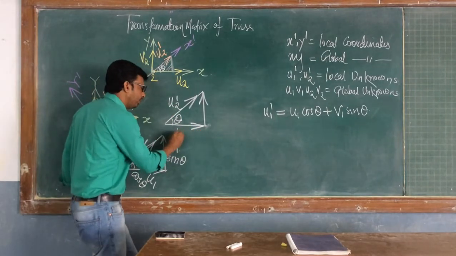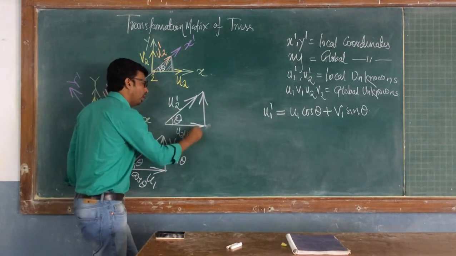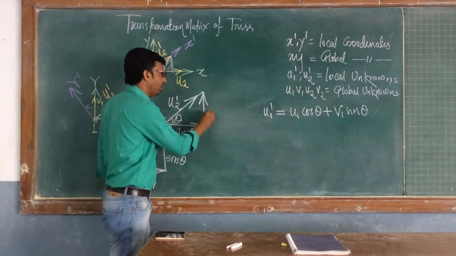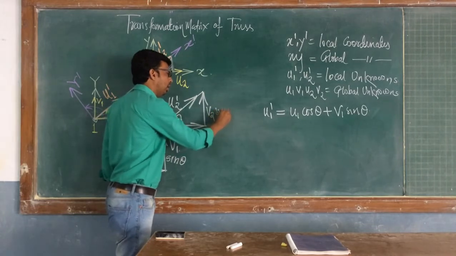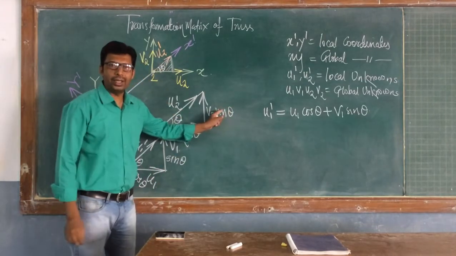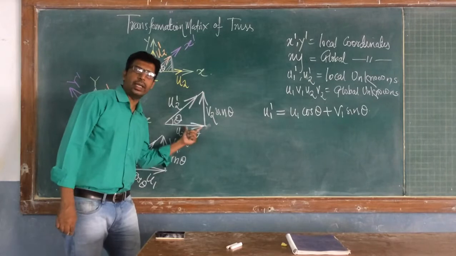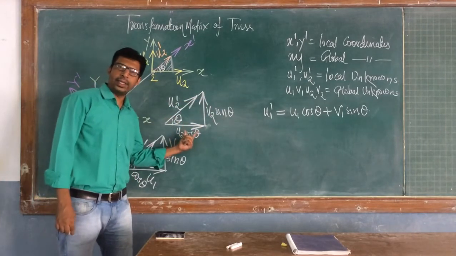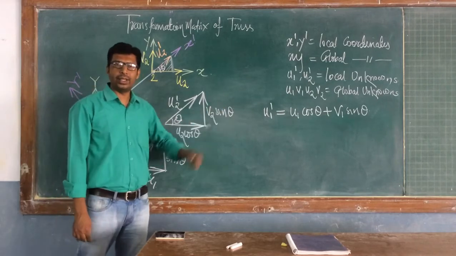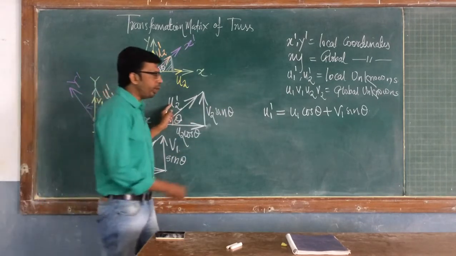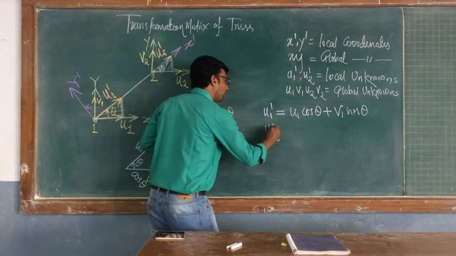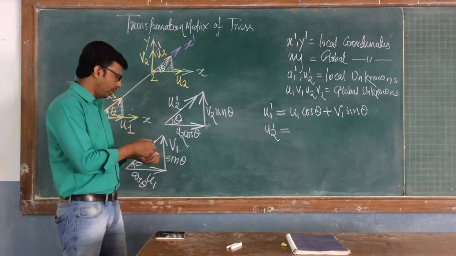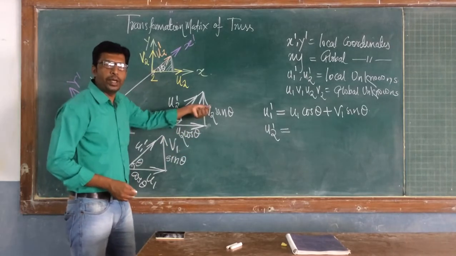Horizontal is u2 cos theta. Vertical edge is v2 sin theta. u2, v2 are the horizontal and vertical displacements. If this angle is theta, its adjacent side is cos theta, front side is sin theta. Finally, u2 dash is equal to u2 cos theta plus v2 sin theta.